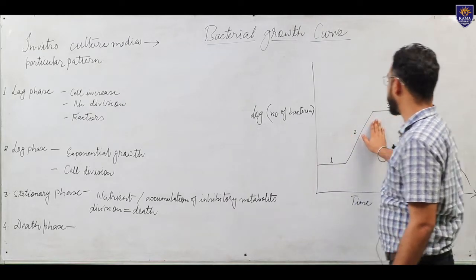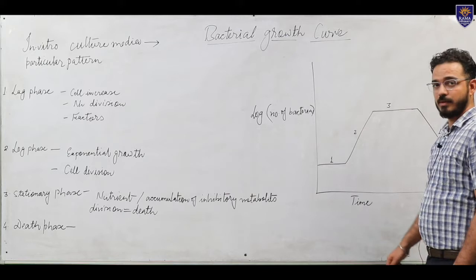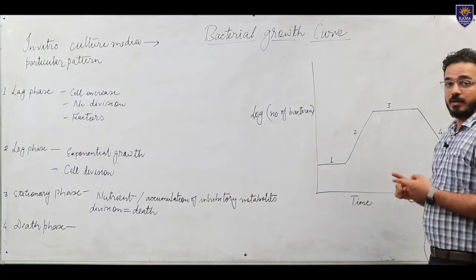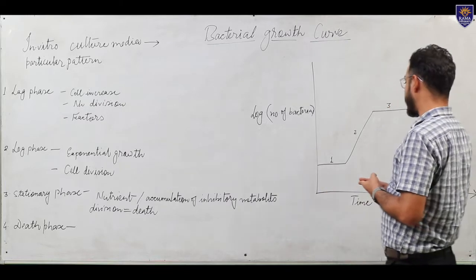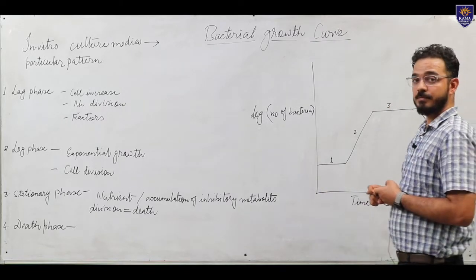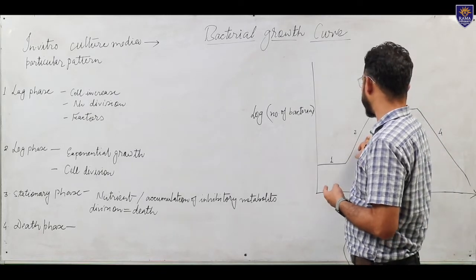In this phase bacteria exploit all the nutrients available in the culture media. They reproduce by binary fission very fast, and the population growth occurs in this phase.